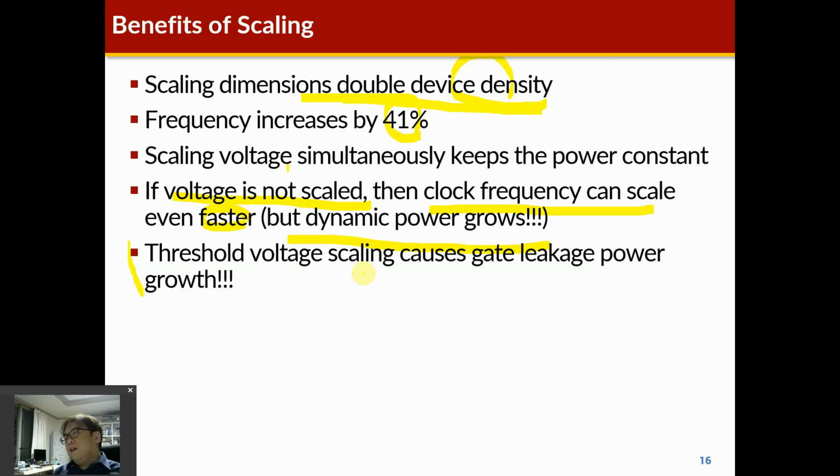Threshold voltage scales down, so that means the threshold voltage is reduced. That means leakage power will increase. That's the critical issue of the modern computer processor or modern integrated circuits.